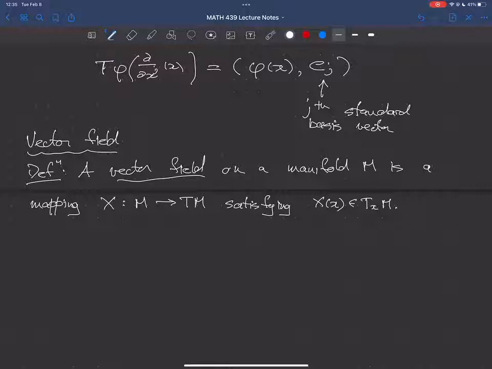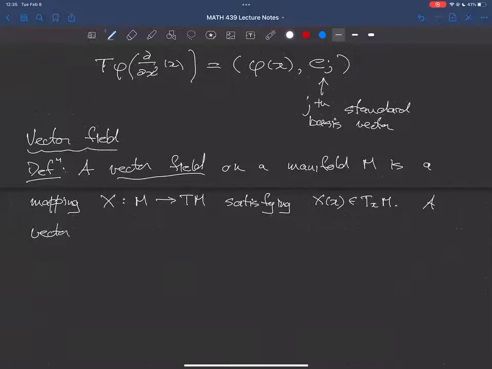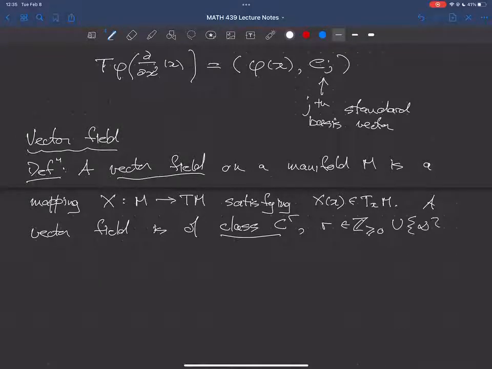A vector field is of class C^r, and here r is R times continuously differentiable. So r could be 0, 1, 2, all the way up to infinity, 0 meaning continuous.